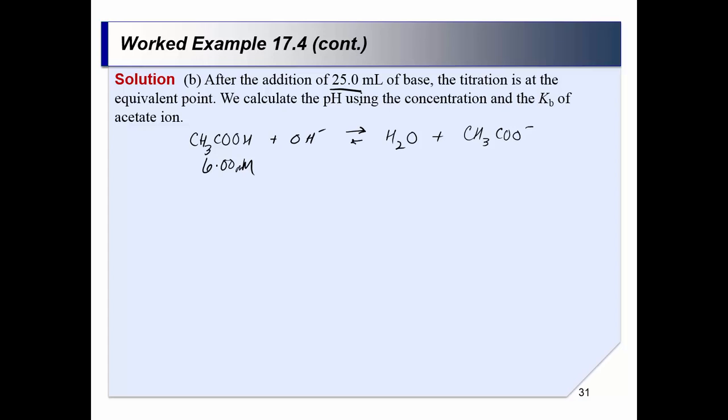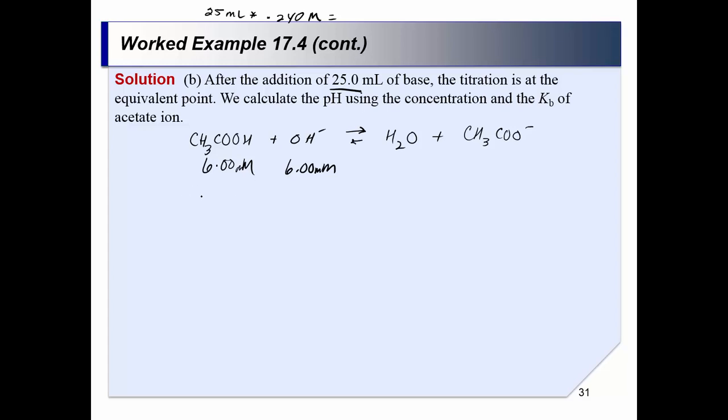So that means we also have 6.00 millimoles of sodium hydroxide. I get that by taking my 25 milliliters and multiplying it by my concentration of base, 0.240, and I get an answer of 6 millimoles. So this is the equivalence point.